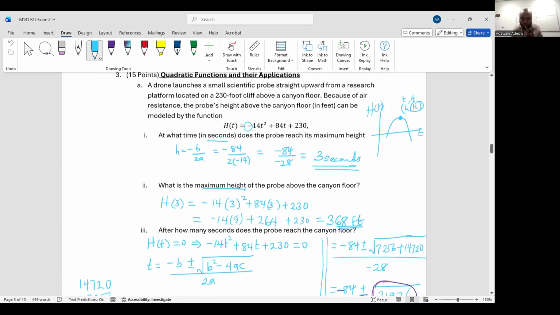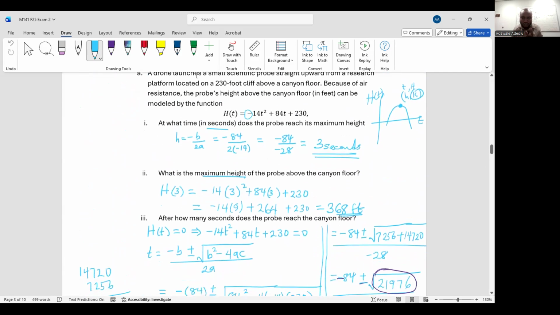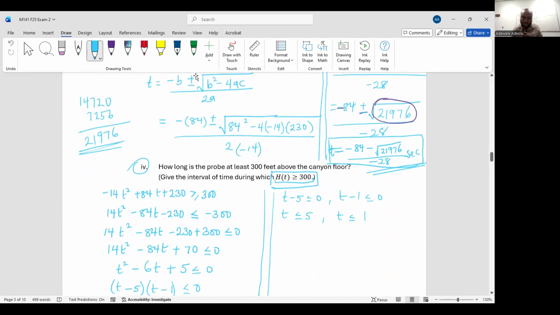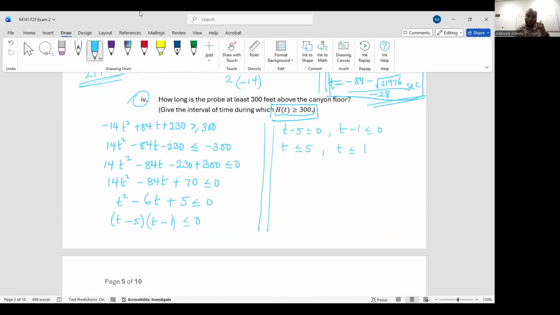What do we know about this? We are looking for how long the probe is at least 300 feet above the floor. Give the interval. So look at this.